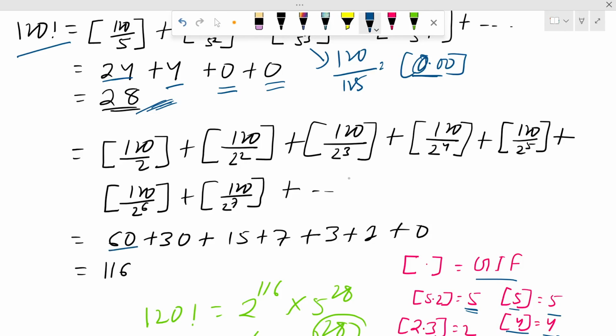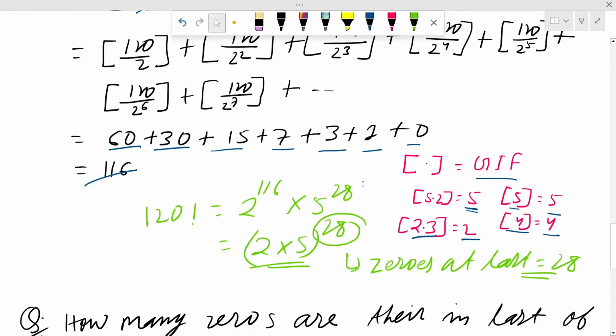If you divide, you get 60, 30, 15, 7, 3, 1, and if you add them, the power of 2 is 116. So 120 factorial has 2 to the power 116 and 5 to the power 28. Remember the key point: the 2 into 5 combination always depends on the power of 5, so it is 10 to the power 28. So there are 28 zeros at the end of 120 factorial.